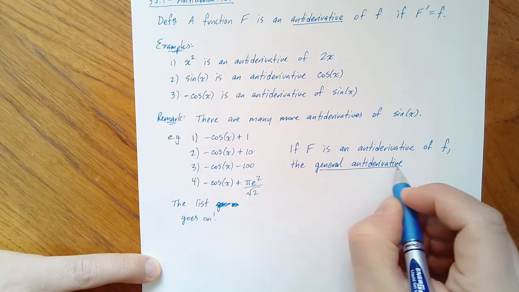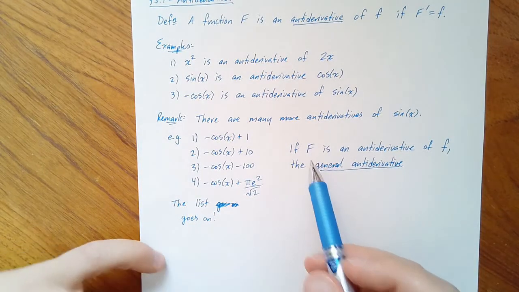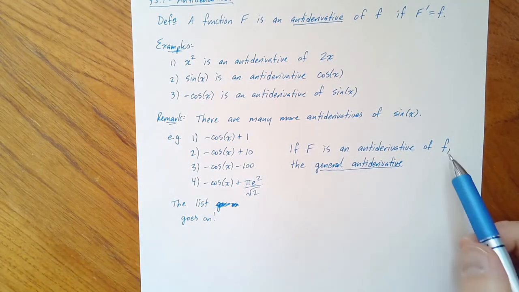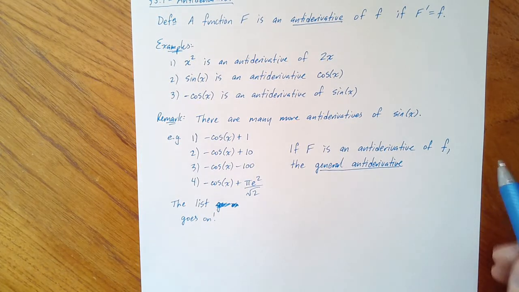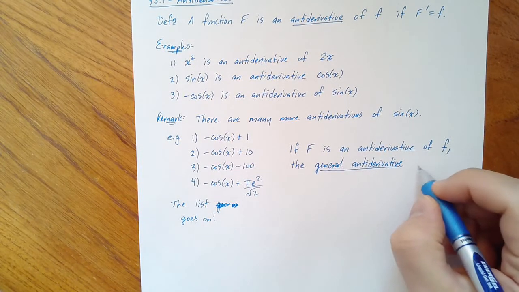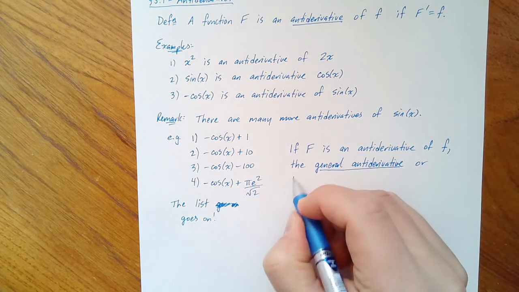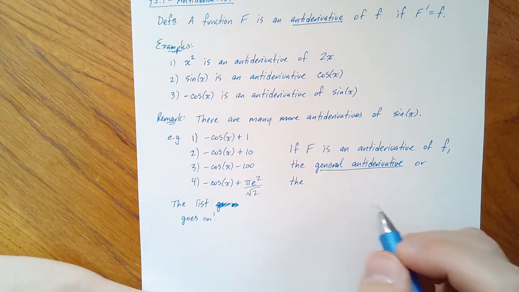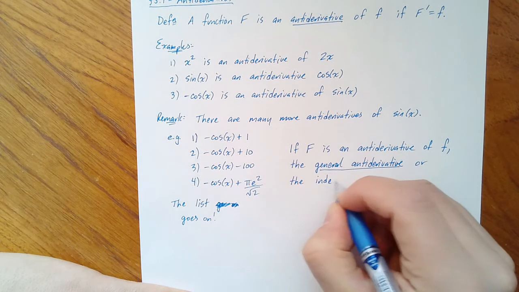So we're starting with the assumption that capital F is just one particular antiderivative of little f. And then we're giving meaning to the general antiderivative, or also, this is sometimes referred to as the indefinite integral. That's another term.